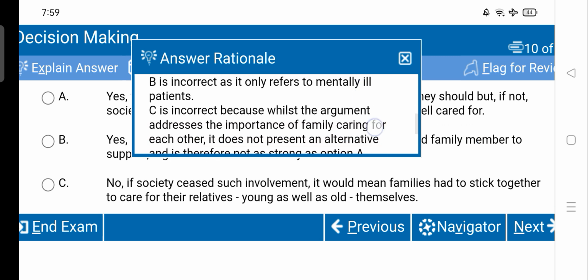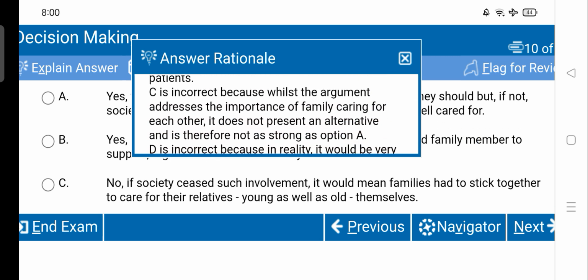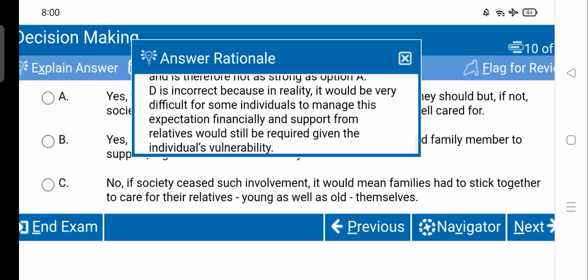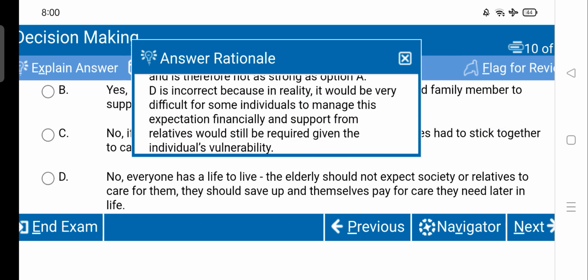C is incorrect because whilst the argument addresses the importance of family caring for each other, it does not present an alternative and is therefore not as strong as option A. D is incorrect because in reality it would be very difficult for some individuals to manage this expectation financially, and support from relatives would still be required given the individual's vulnerability.